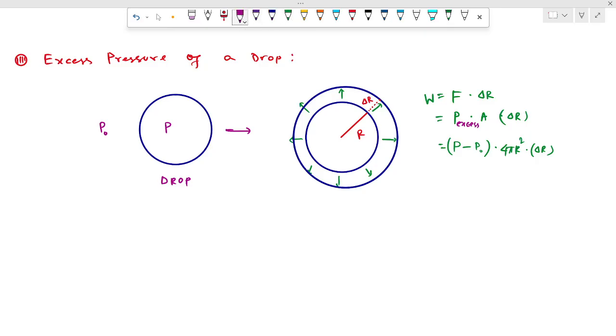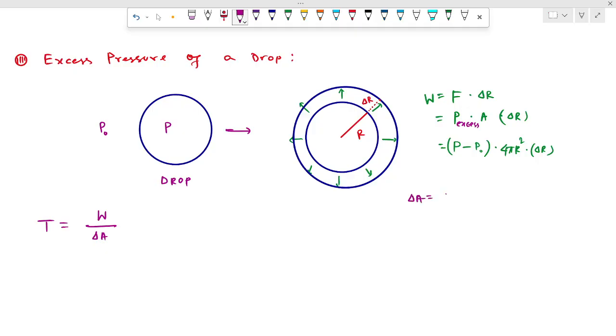See, from the definition of surface tension, we know if the change in surface area is delta A, and if the work that is done to do so is W, then the surface tension is W by delta A. What is delta A?